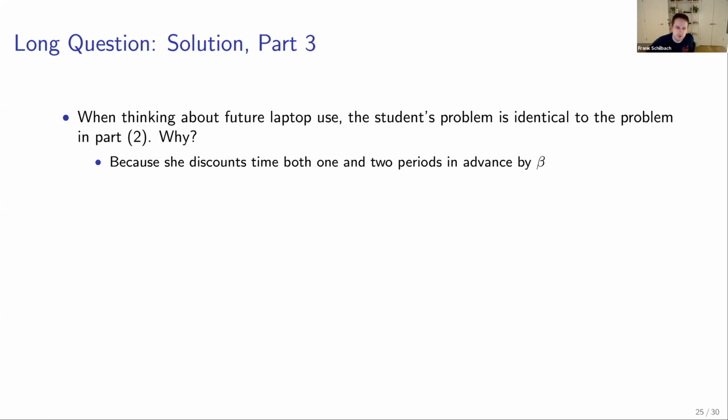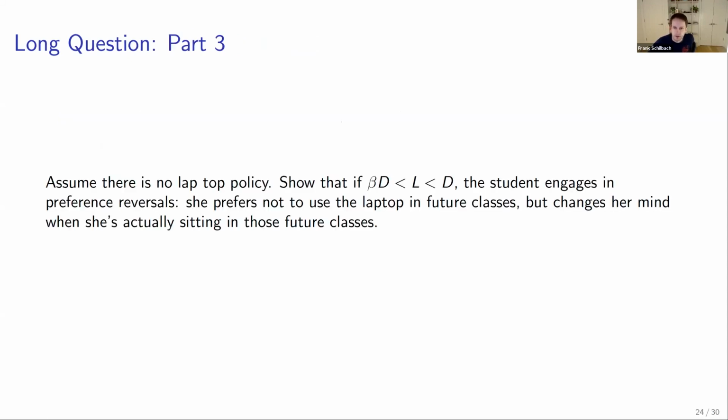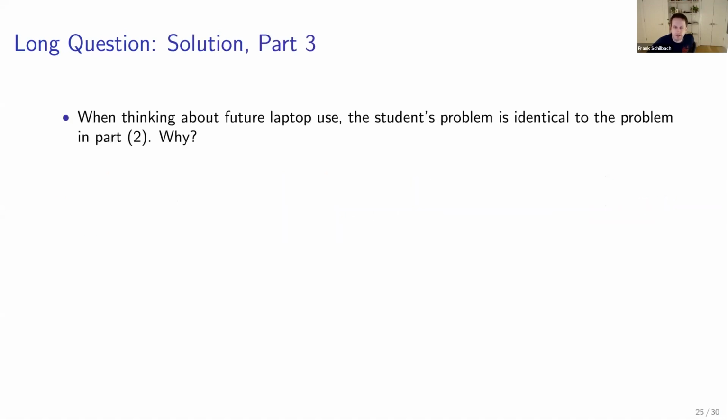So when thinking about future classes, or about opting into the laptop section, the person makes a choice for the future. The value of the laptop is in the future, and we're back in part 2 that we just solved.